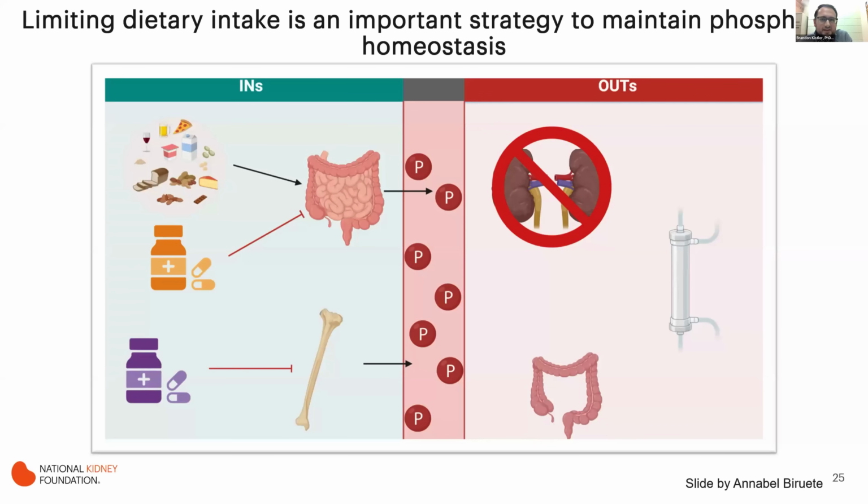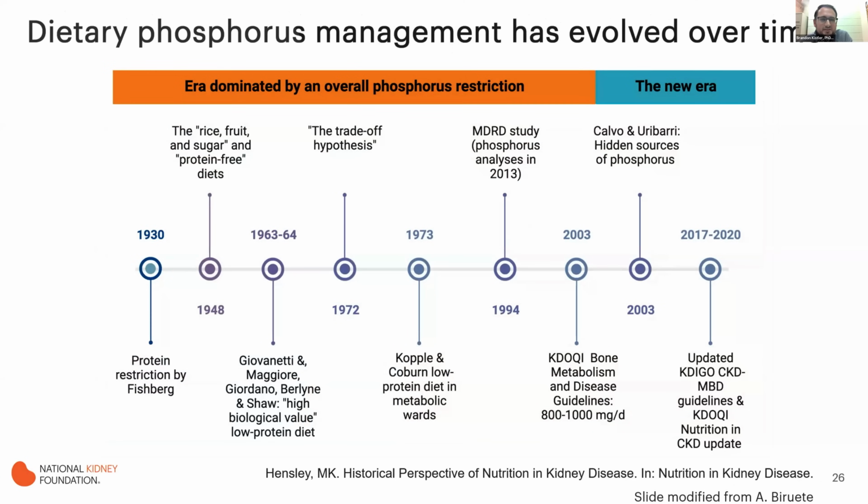If I can advance to my next slide here. The renal diet has undergone a lot of changes over the years, and we're somewhat in the midst of a paradigm shift. For the majority of recent history, we've had an era dominated by overall phosphorus restriction, typically thinking about foods in terms of phosphorus per serving, restricting those with a high amount, and trying to limit to overall quantitative targets.